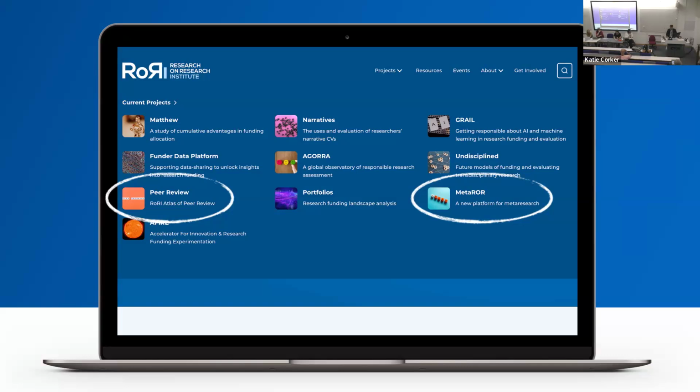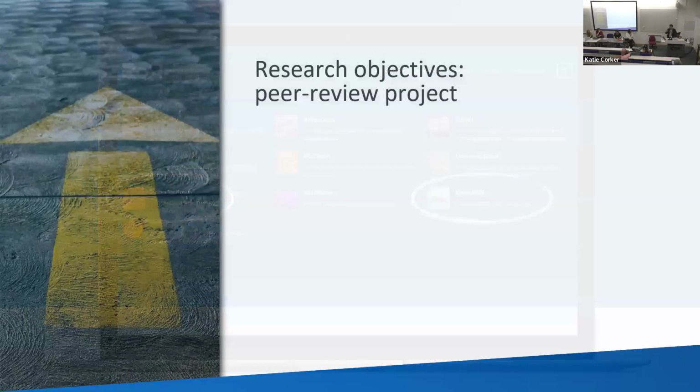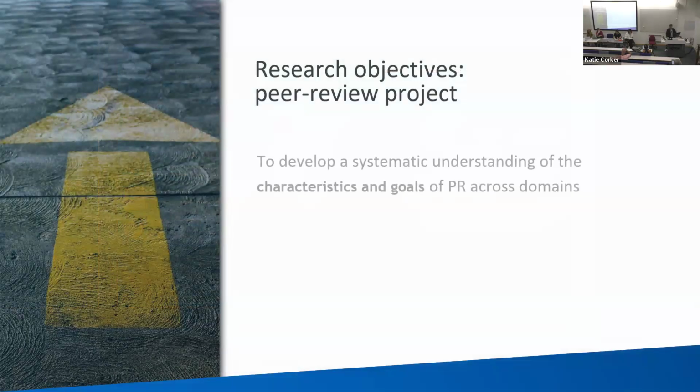As part of the peer review project, we have main objectives. One, the idea to develop a systematic understanding of the characteristics and goals of peer review across domains. So not only the journal perspective, but for example, grant peer review, review applied to national evaluation systems and so on.